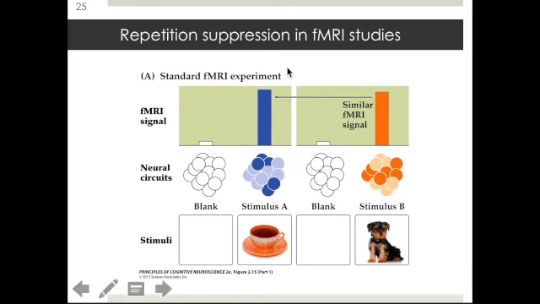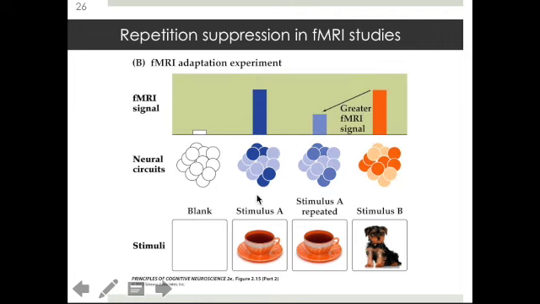In a standard functional MRI experiment, you might have a rest trial followed by a first presentation of a stimulus, followed by another rest trial, followed by a presentation of a different stimulus.